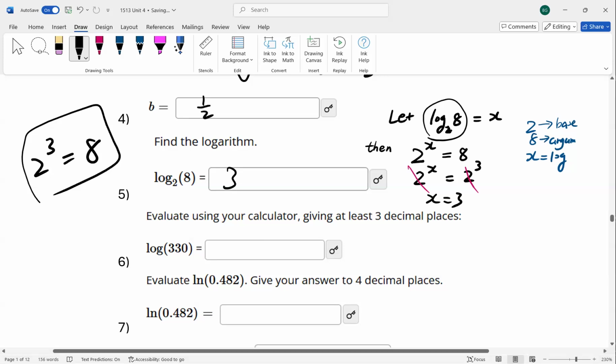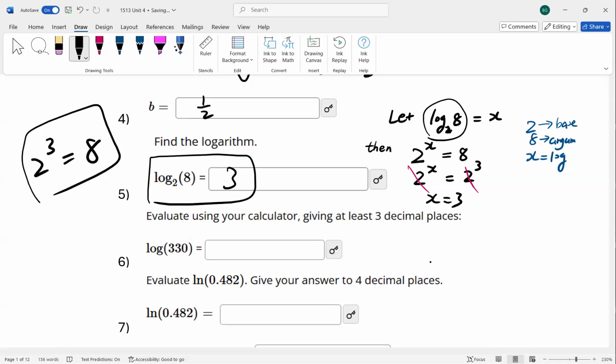It's an identity. Then in the future, gradually, you need to be able to see this is a true statement as well. Because base 2 is going to be raised to the power of the log, which has to be 3 in order to give you 8.